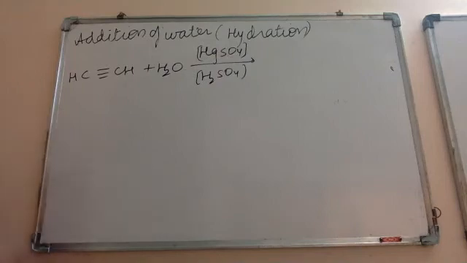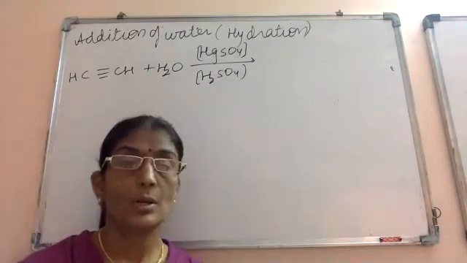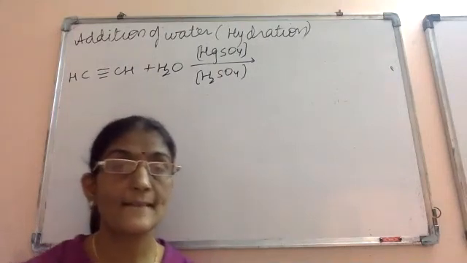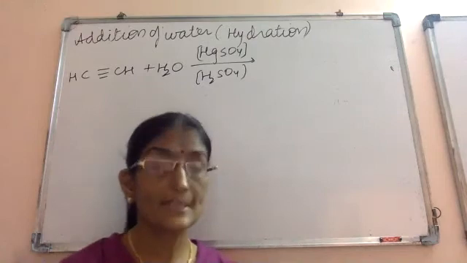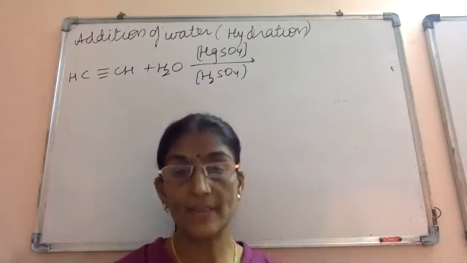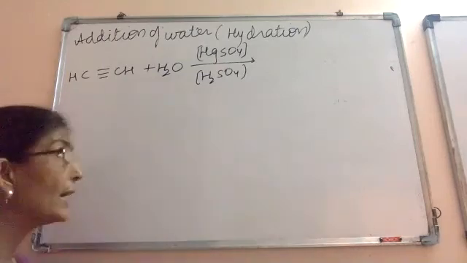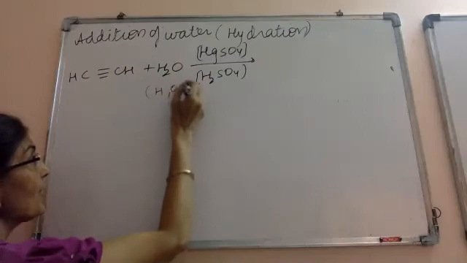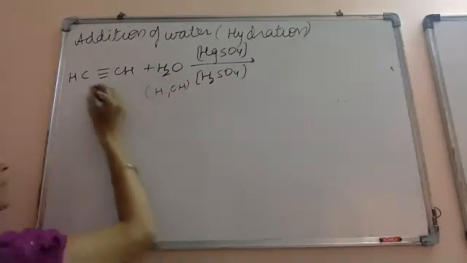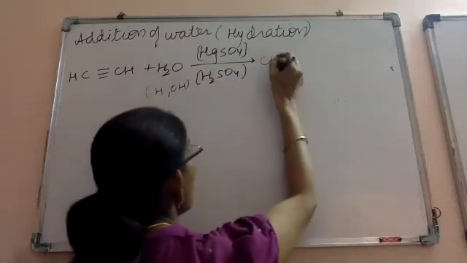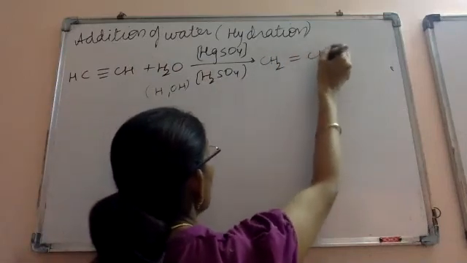What is the valency of Hg? +2. Sometimes instead of HgSO4, we also write Hg2+. The reaction takes place in the presence of mercuric sulfate and sulfuric acid. Water is added. How? We know water is H-OH. One carbon gets H, another carbon gets OH. The product is CH2 double bond CHOH.